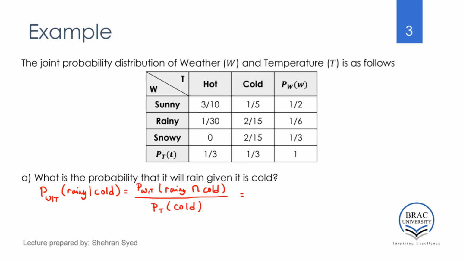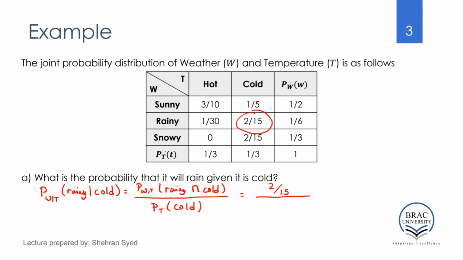So, we need the joint probability of the weather being rainy and the temperature being cold, which is 2 over 15. So, we have 2 over 15 divided by the marginal probability of the temperature being cold.